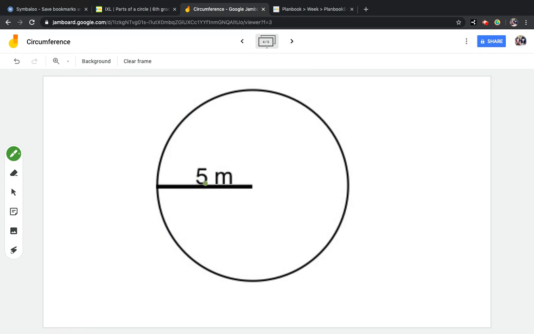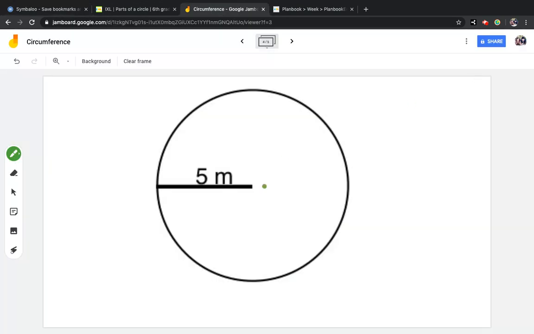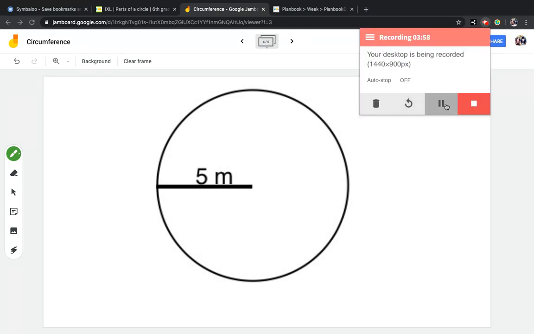So I have 5 as my radius, so I'm going to use the 3.14 formula to solve this circumference.